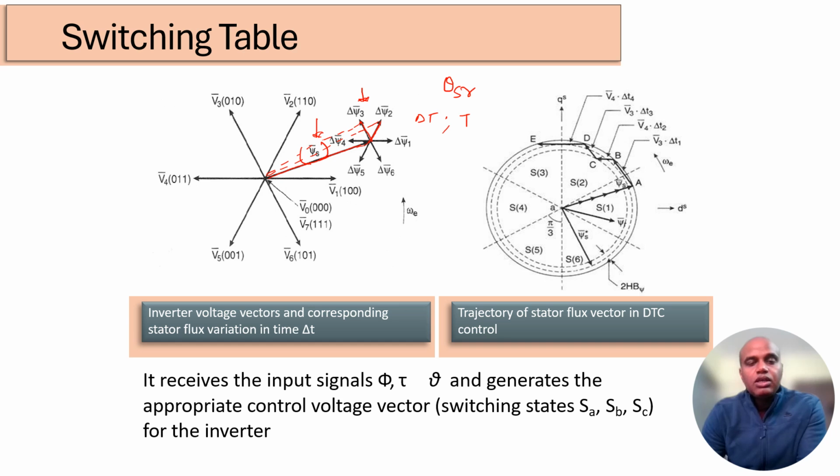Therefore, I will choose the vector V3 as per the current vector. This was the current space vector which I have estimated through my estimator. This vector is continuously moving, so as per the current vector estimated through the feedback, and according to the requirement from the error generation, I need to select the proper vector.